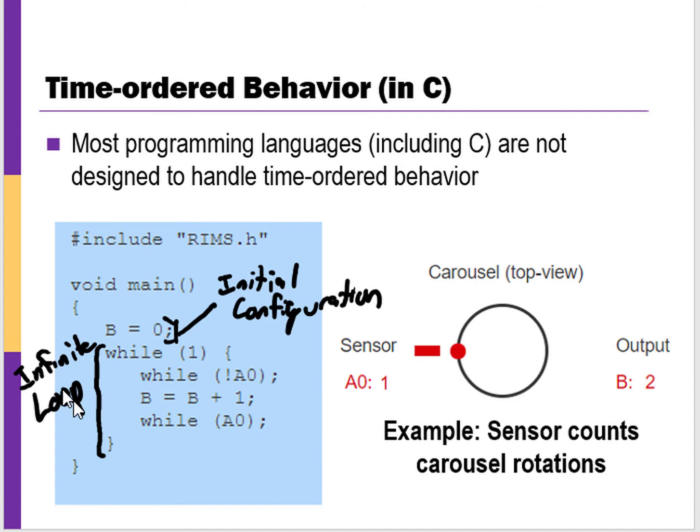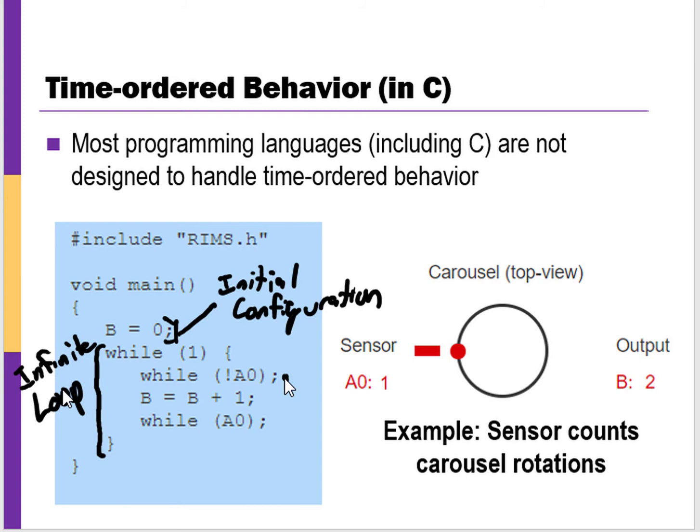If you think back to Arduino programming, you have that loop function, which is effectively the same thing. Now, let's take a look at what this while loop does. First of all, the syntax is a little weird.